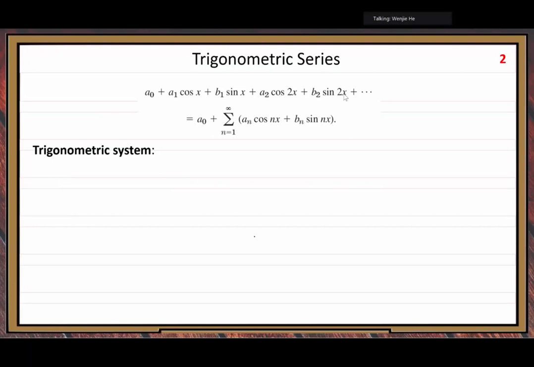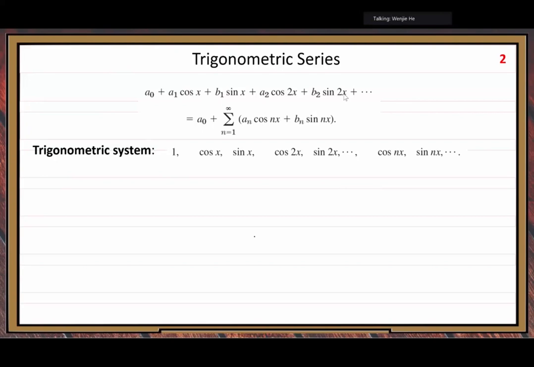All the trigonometric series are based on a system, because we use coefficients and multiply them by sine and cosine functions of n x, where n is a positive integer multiple of x. We put these functions together and get a set of functions.